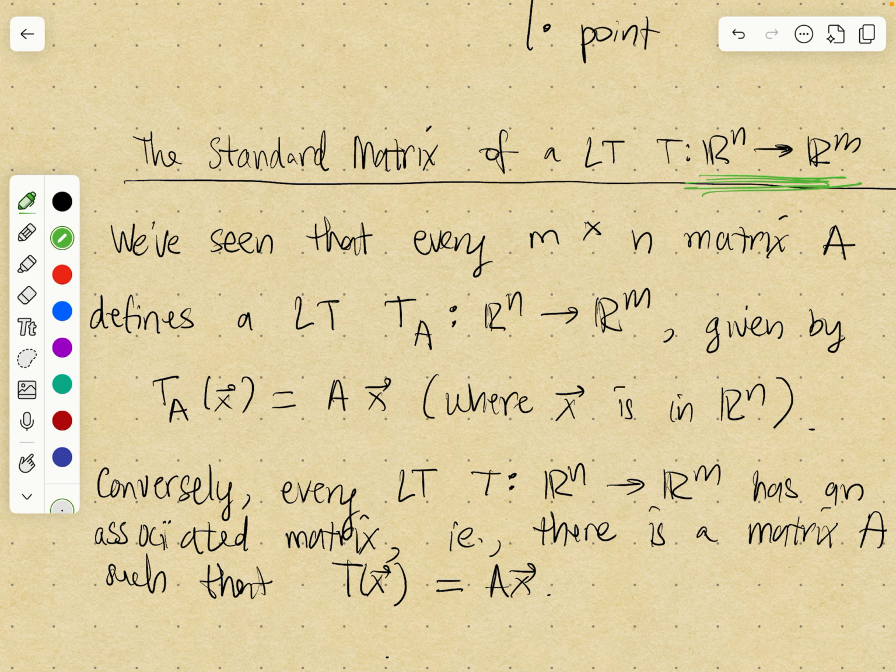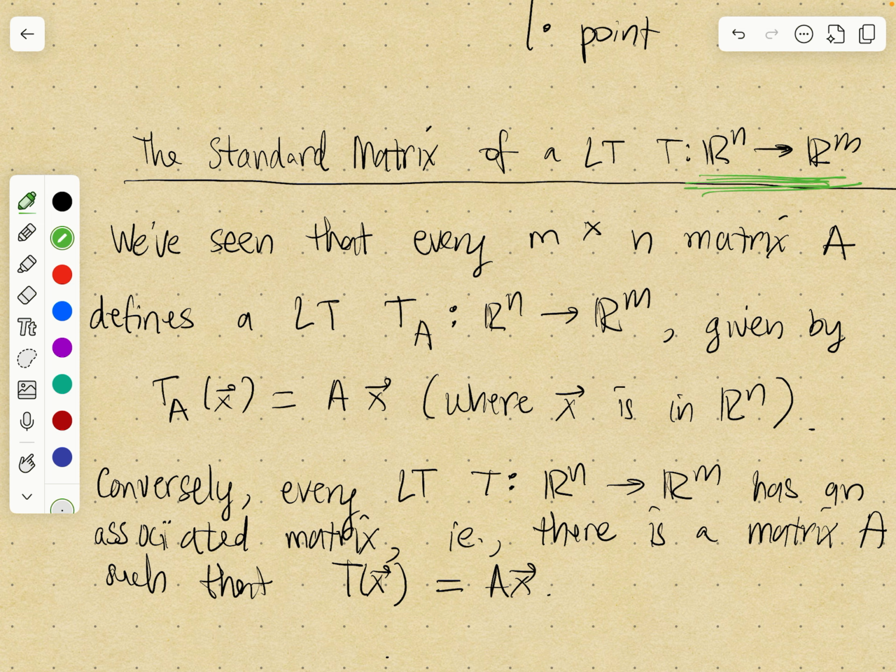And one thing we'll hopefully learn about is linear transformations from one subspace of Rn to another subspace. So linear transformation is a more general concept. Linear transformations don't have to always have the domain be Rn and the codomain be Rm. They can have different domains and codomains.